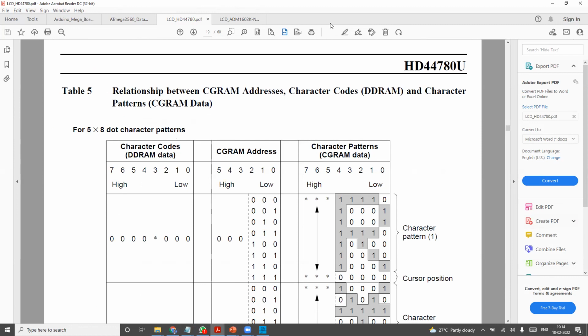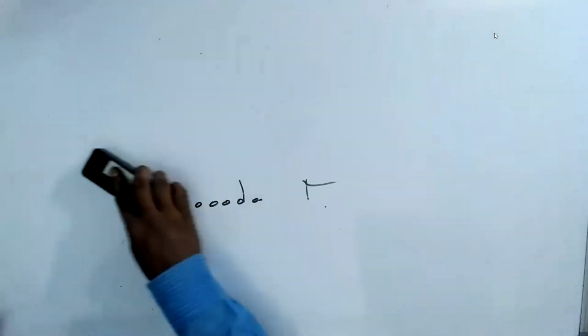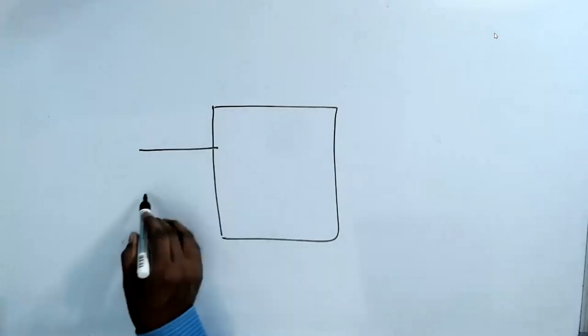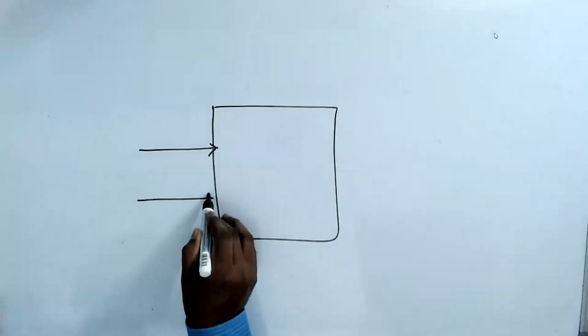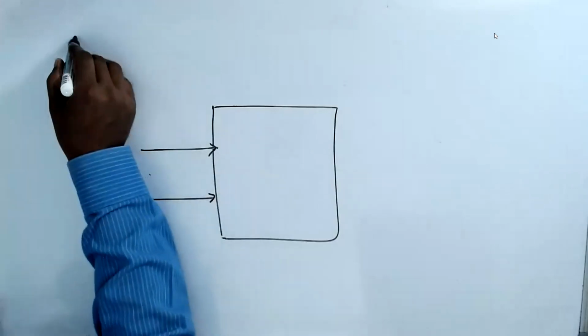So let me get to the board. Like yesterday, what I discussed, the LED controller, this LCD controller, that's the beautiful thing. They have an 8-bit interface. And you know that every character or symbol has an ASCII value.